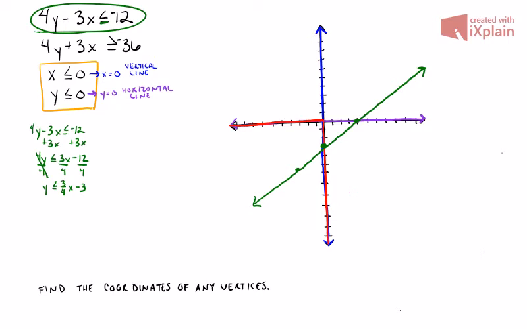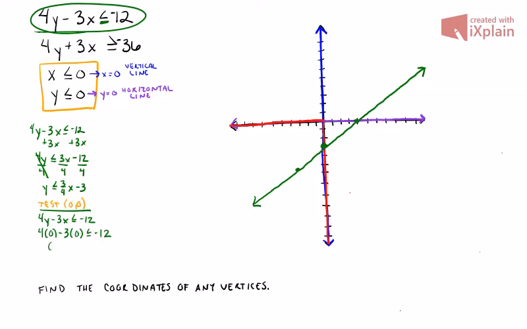Now we have to decide where to shade. And again, hey, that origin is not existing on that green line, so I'm going to work with that one. So we're going to test with the origin. So coming back to my original inequality, I'm going to sub 0 in for y and for x.